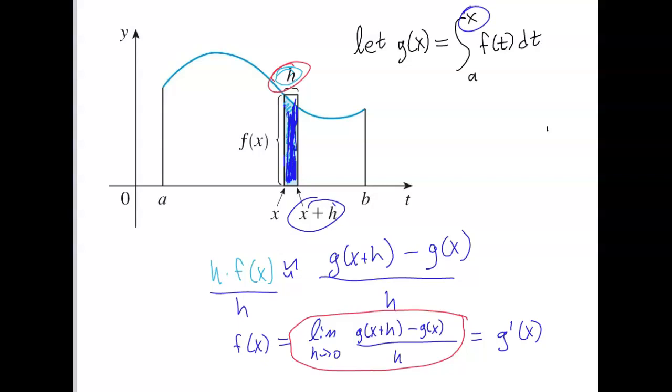So what did we just show? We just showed that if g of x is equal to the integral from a to x of f of t, then g prime of x equals f of x. This is pretty important because now what we've established is that a derivative undoes an integral, meaning a derivative and integrals are inverse processes, like addition and subtraction, or like multiplication and division.